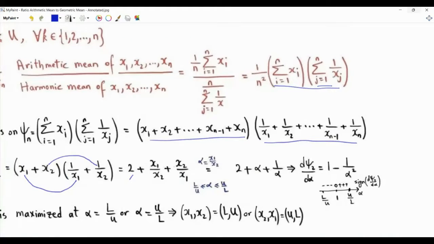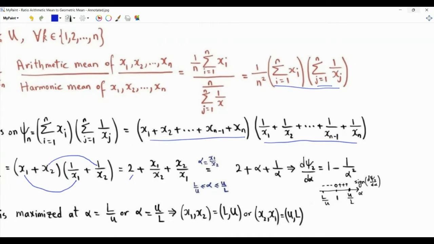So if x1 over x2 is alpha, then here we are maximizing alpha plus 1 over alpha plus 2. And alpha, which is x1 over x2, has its minimum possible value when x1 is L and x2 is U, and its maximum possible value when x1 is U and x2 is L.